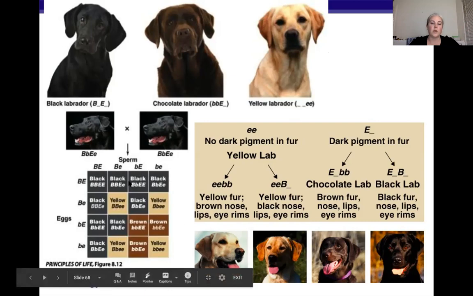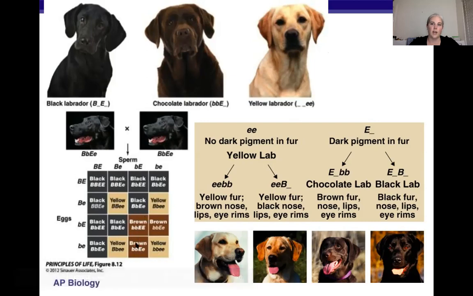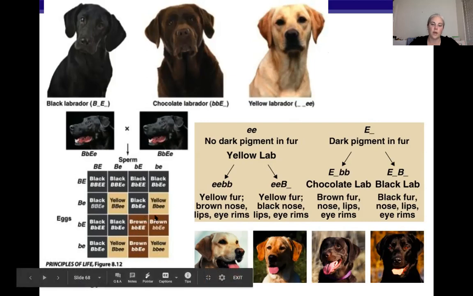Most of your offspring will look like the parents. You're going to end up with 9 black labs, 4 yellow labs, and 3 chocolate labs, or 3 out of 16. You don't end up with 16 puppies.